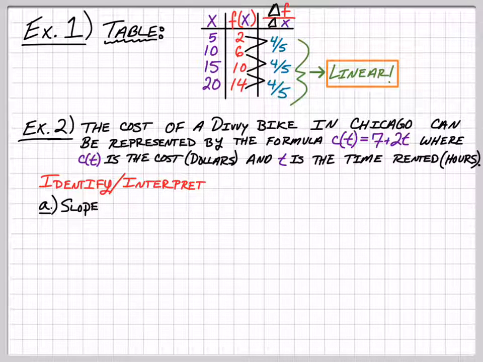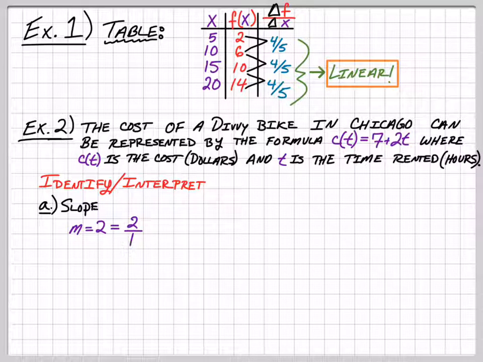Well, the slope is typically the number on our variable, so it's definitely 2 in this case. So m equals 2. What the heck does that mean? It has something to do with divvy bikes, I got that. Maybe an easier way for you to think about it would be 2, you can write that as 2 over 1.